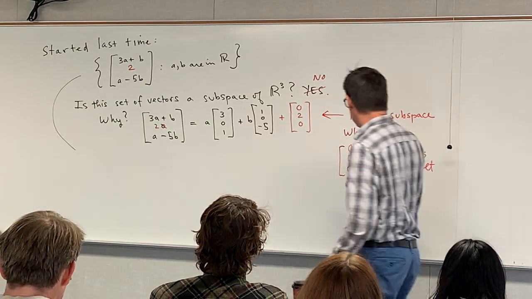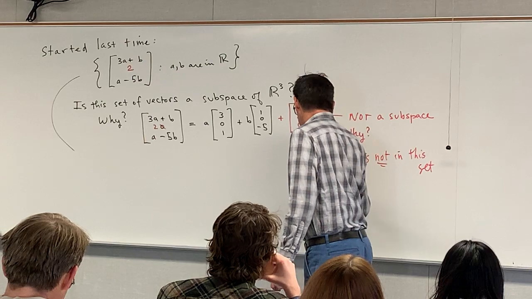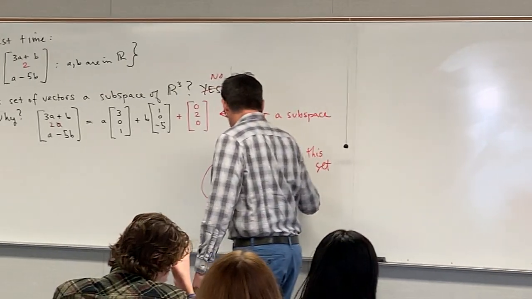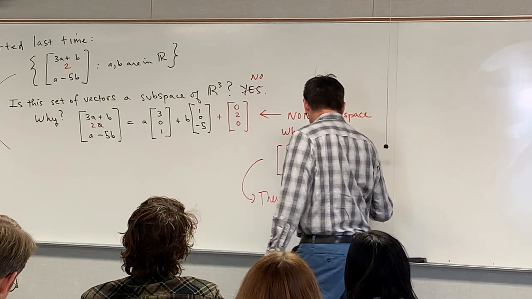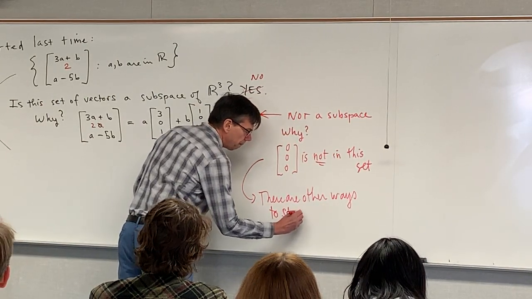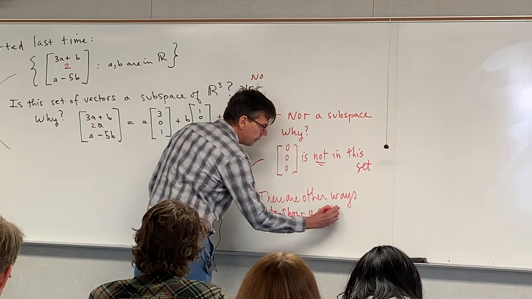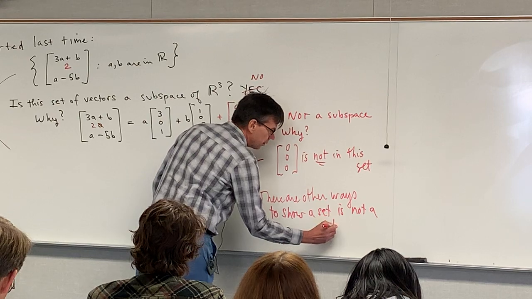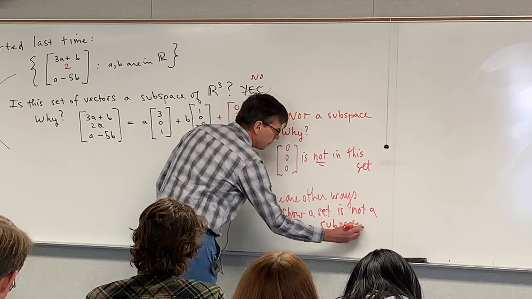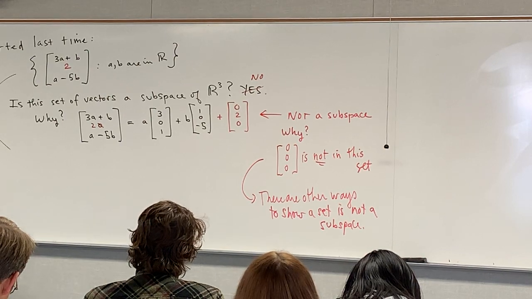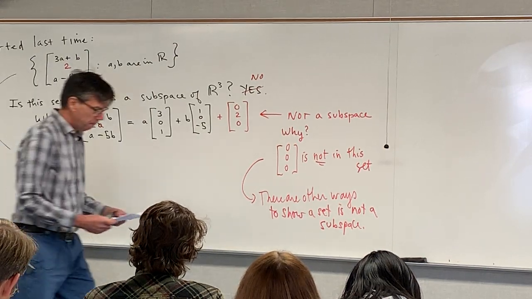So we should just say there are other ways to show a set is not a subspace. So I don't want to leave those out. Okay, let's do something else here.